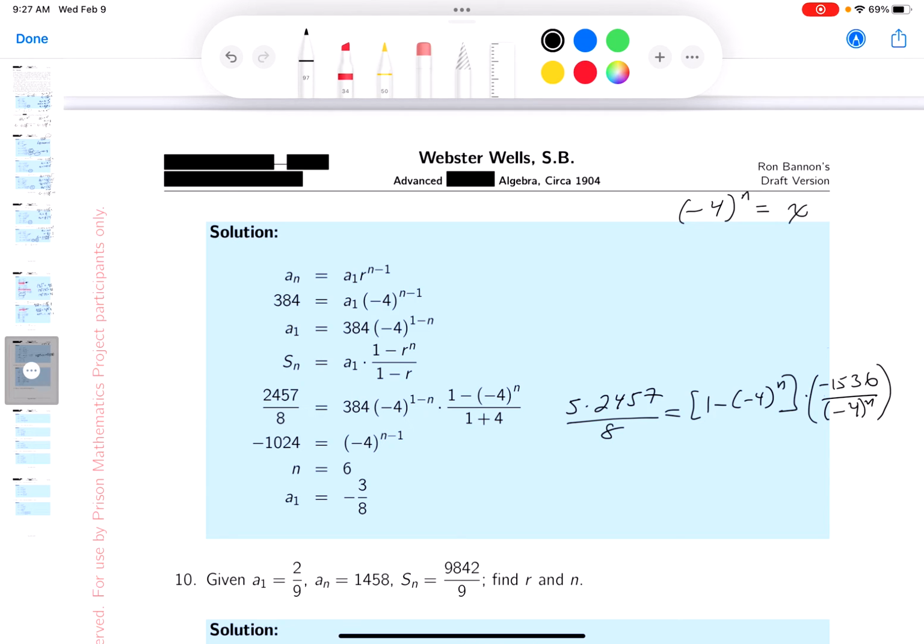Let's write this down. 5 times 2457 over 8 equals 1 minus x. And then you can get minus 1536 over x.